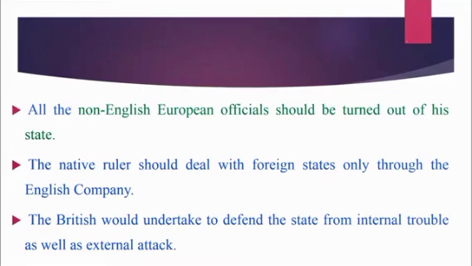The next feature is the native ruler should deal with foreign states only through the English company. The next feature is the British would undertake to defend the state from internal trouble as well as external attack.